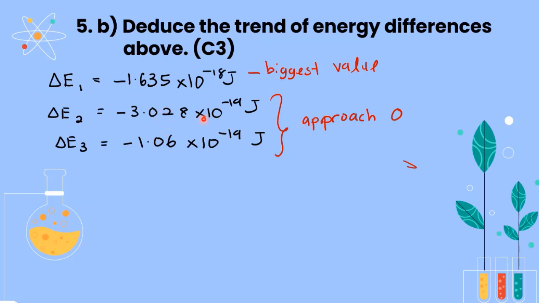Between these two numbers, this number is the smallest value. What does that tell you? That means that as the energy level gets higher, as it approaches infinity, the energy difference value approaches 0.